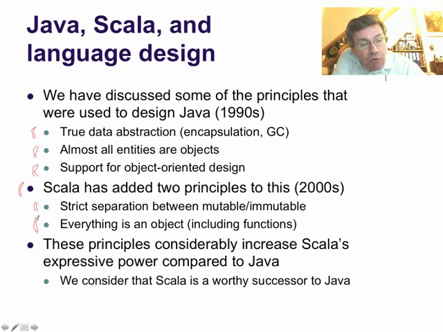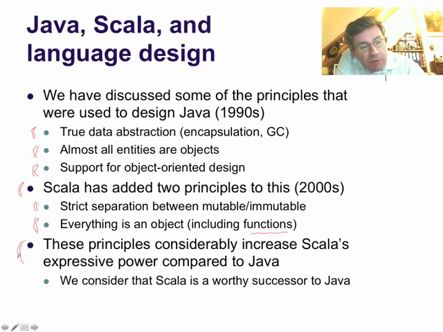This principle was already used in Smalltalk before that, but Smalltalk is a completely stateful language. In Scala, this separation between mutable and immutable means that even functions, which are immutable, are objects, so they are in fact functional objects. And it's completely orthogonal.